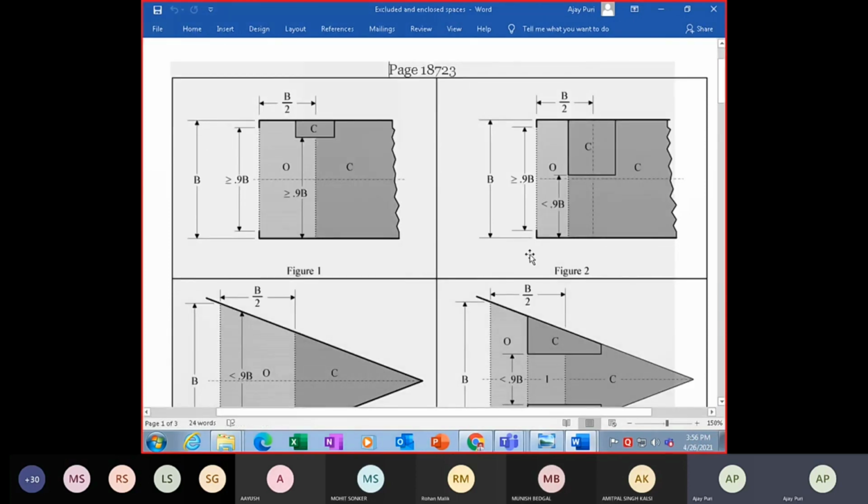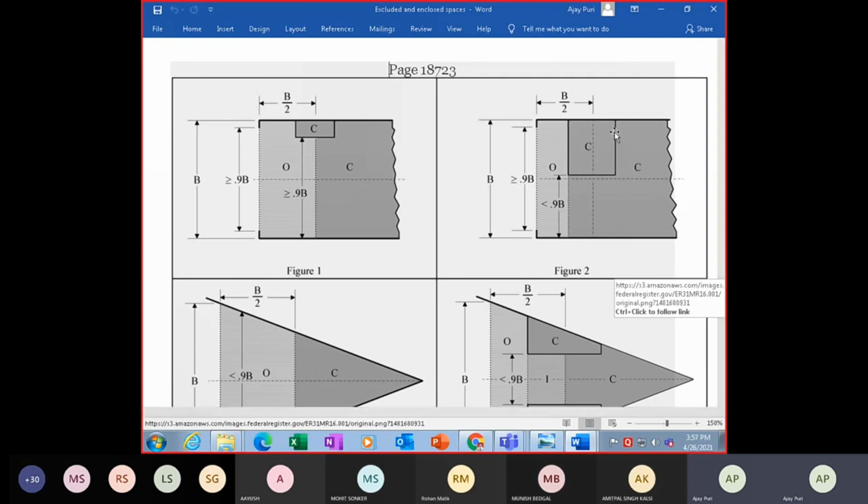Similarly, if this is the opening here which is greater than 0.9 of the breadth, and this section is B by 2, the breadth, you have an enclosure here which is enclosed space.